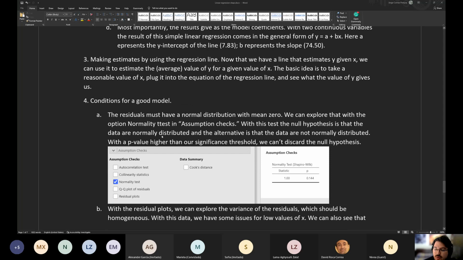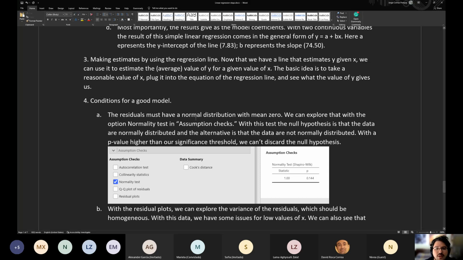What are the conditions for a good model? The residuals must have a normal distribution with mean 0. And we can explore that with the option normality test under assumption checks. Here we have the option of normality test.